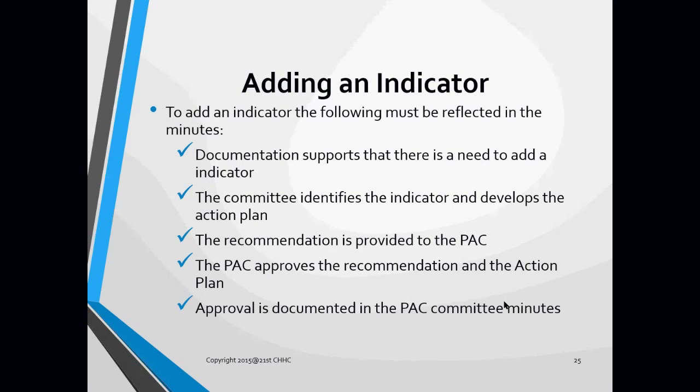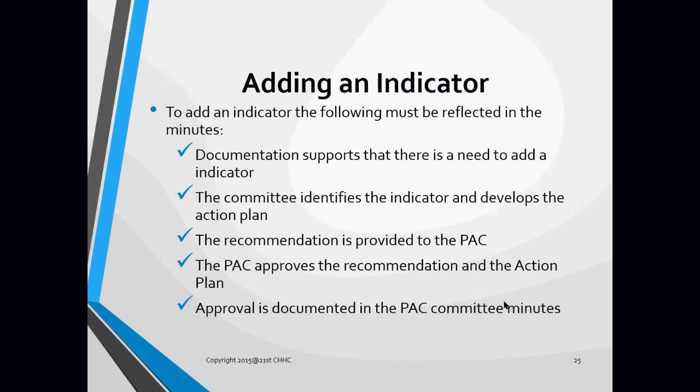There's also going to be times when you're going to be adding indicators. And again, those additions are going to be reflected in the QAPI minutes. Documentation in the minutes supports why there's a need to add an indicator. Usually this is going to be because of a trend that was identified off of the documentation or that was reviewed during the quarter.